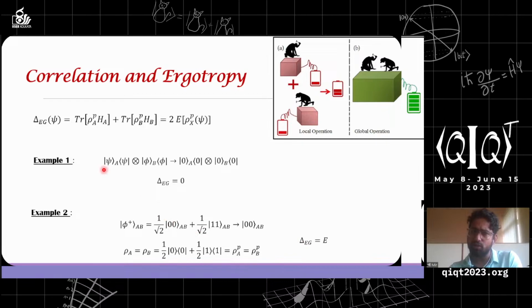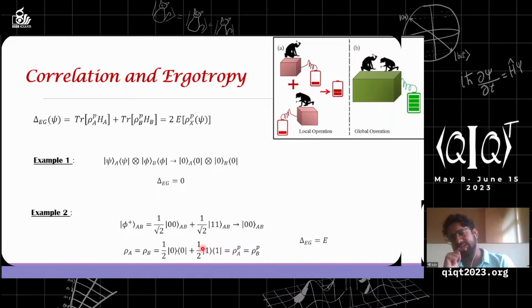Earlier we said the collaborative advantage comes from the global unitary operations, but it is not only that. It comes from the entanglement as well, because in both cases I have taken global operations. But the entanglement correlations in the system are quite useful to get this collaborative advantage. So let's move to the next.